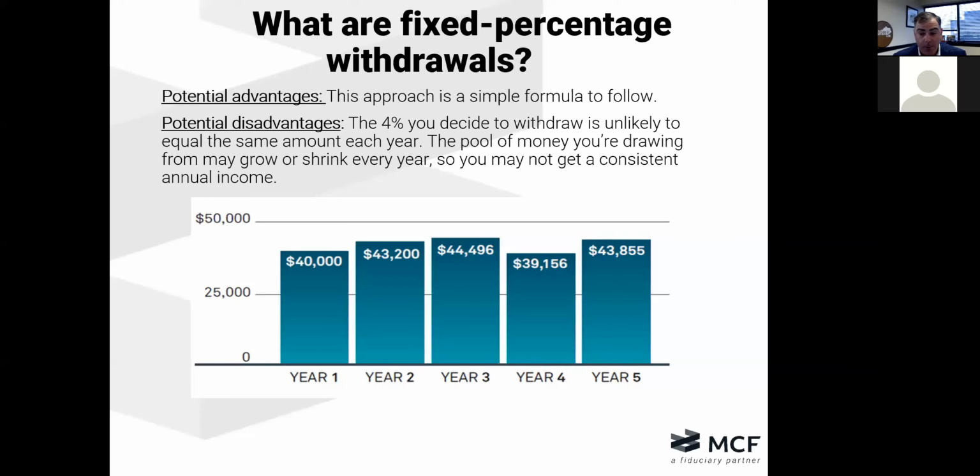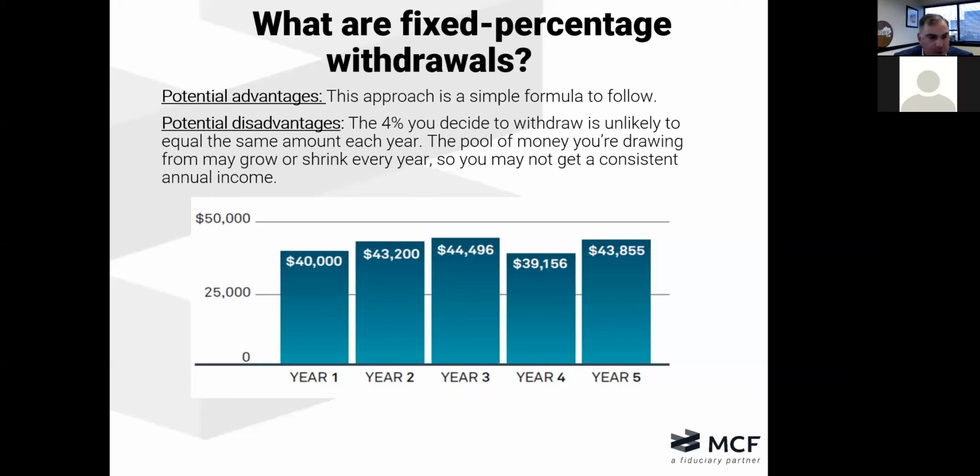We've seen that now. And while this method creates a certain amount of uncertainty, if you choose a percentage below your anticipated rate of return, your account actually can grow over time more than what you're taking out.